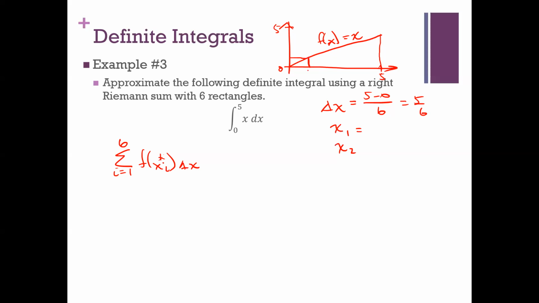How far across is that first rectangle? 5/6. How do you know that? That's the change in x. So it's the left end of the whole interval plus whatever the change in x is, right? So this was 5/6. What's x2?